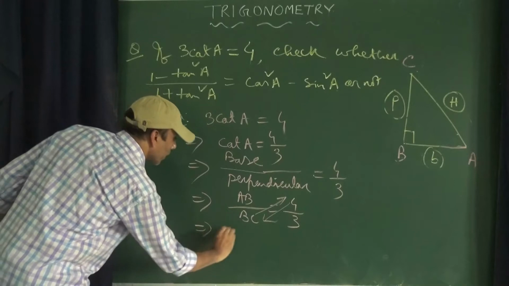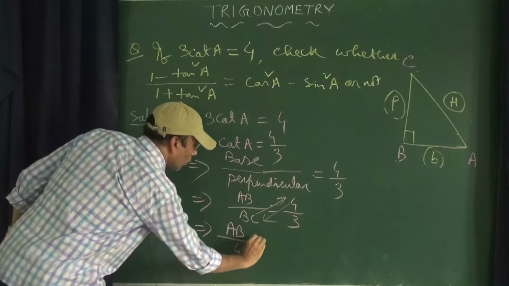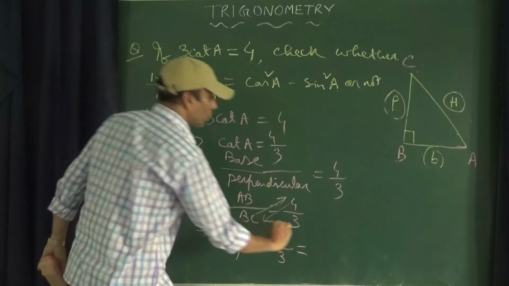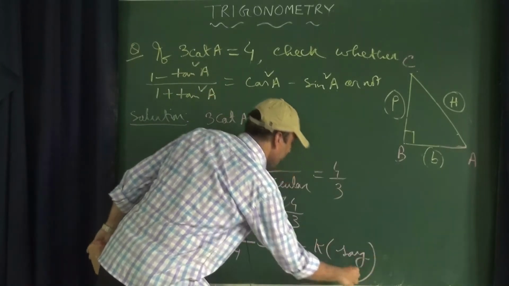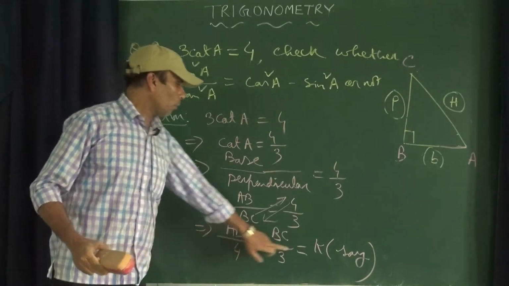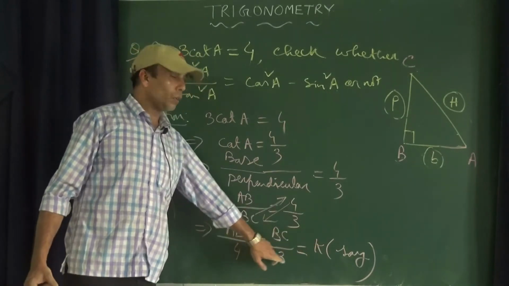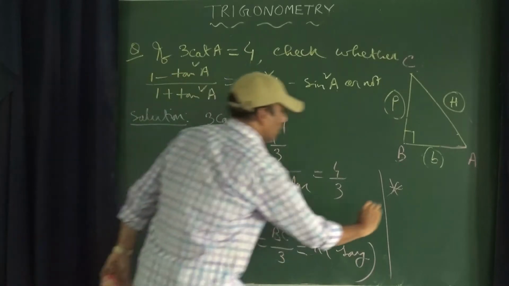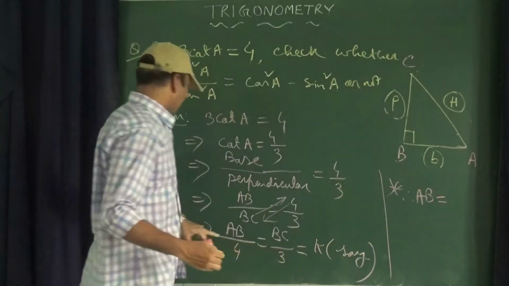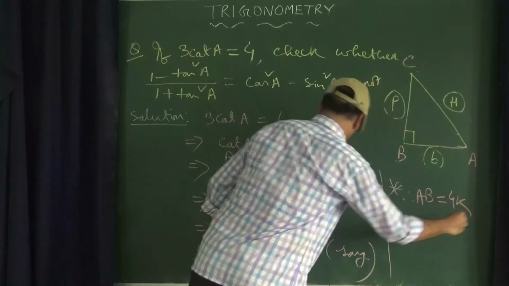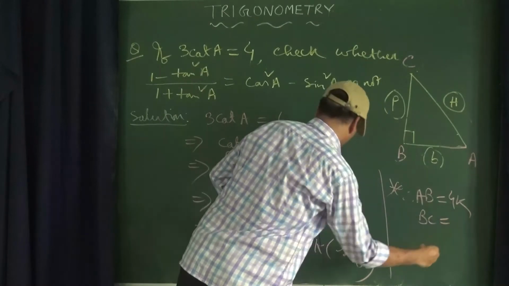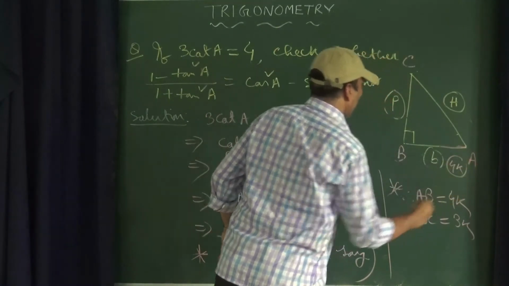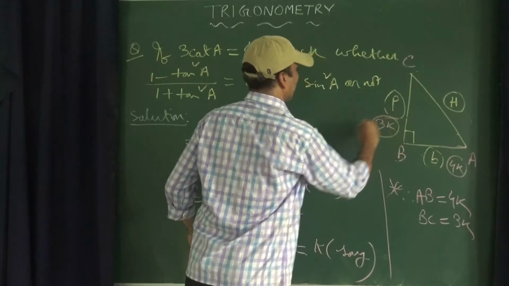That will give us AB by 4 equal to BC by 3, and let that equal K. Now, from here, by cross multiplication, we get AB equal to 4K and BC equal to 3K. Therefore, AB is 4K and BC is 3K.